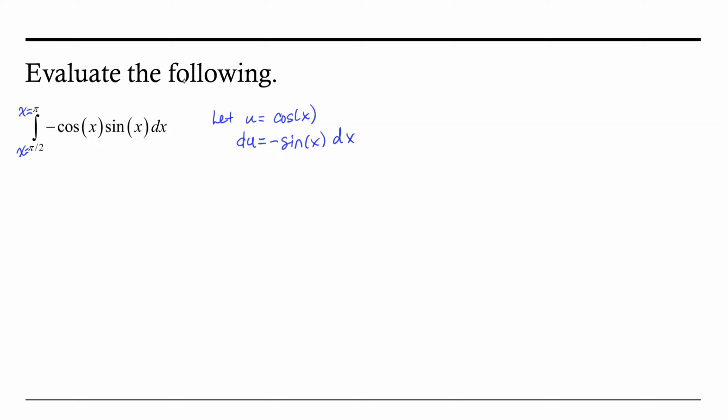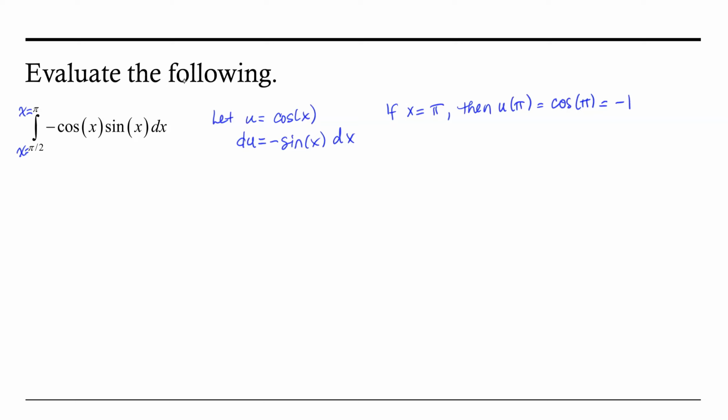These limits of integration are values of x, and as I transform my integral, I need my limits of integration to be values of u. So we could say if x equals pi, then u of pi equals cosine of pi, and cosine of pi is negative 1.